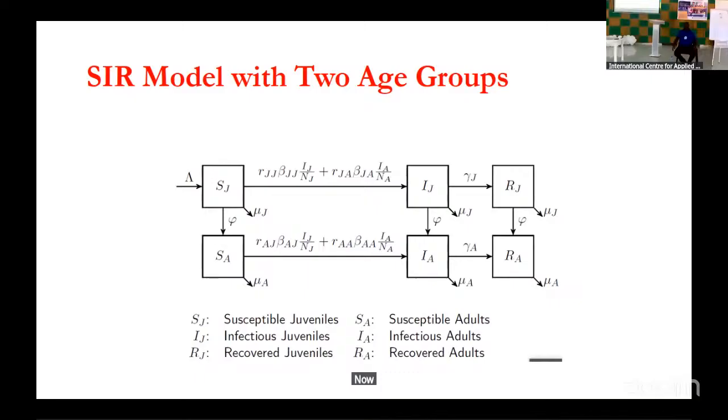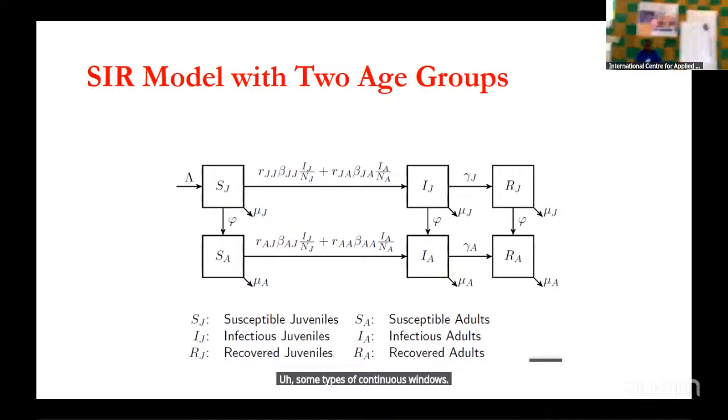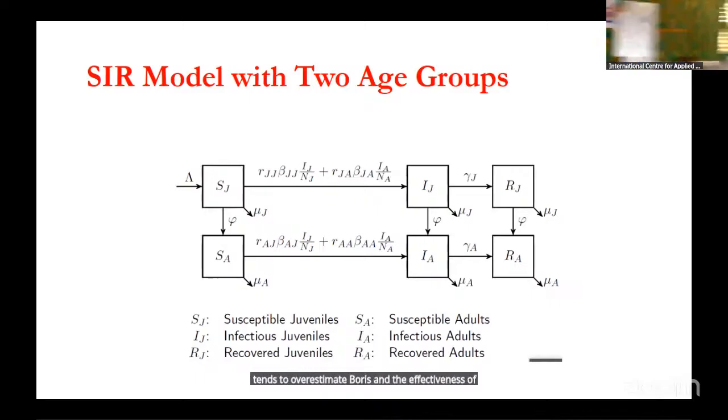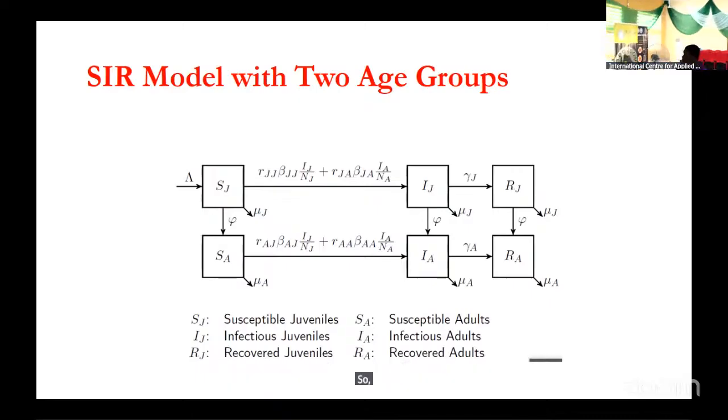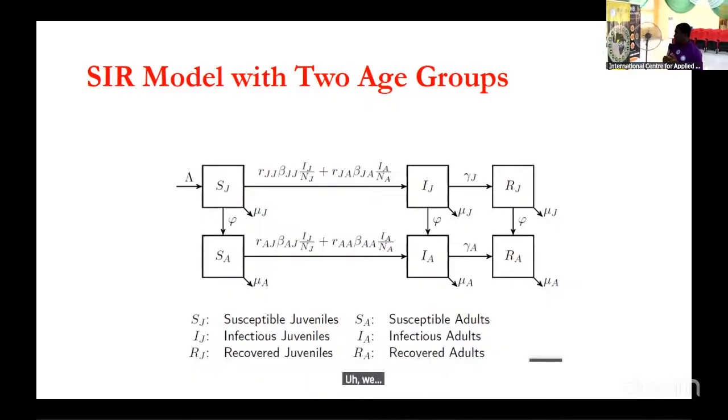So now the thought is this. Modeling is supposed to be a part of decision science. I'm supposed to tell public health people what to prepare for. Seeing that sometimes homogeneous models tend to overestimate the effectiveness of certain interventions, how much heterogeneity can we possibly capture, or to what extent of heterogeneity must we not go below, in order to at least give a very good range?